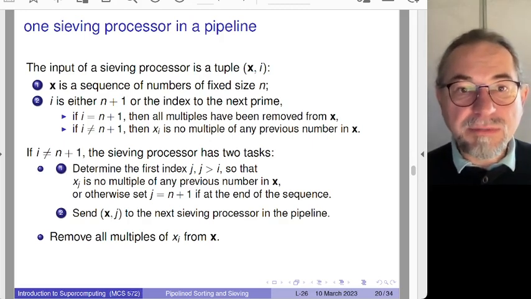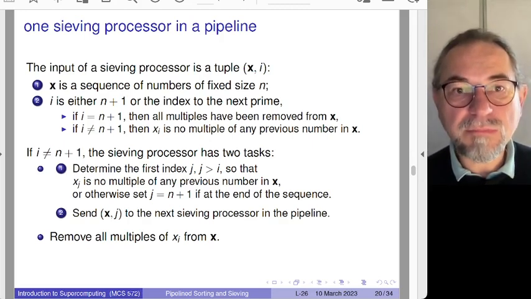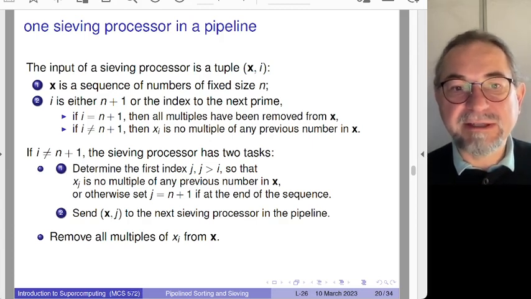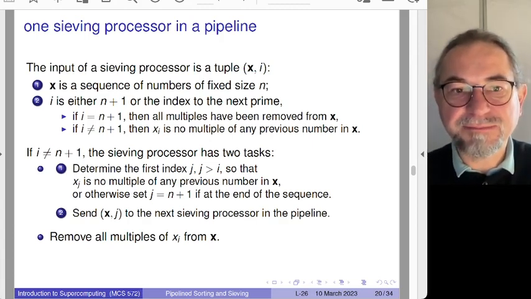Here is the algorithm. The input is now a tuple. Every processor receives a sequence of numbers of some size and also receives the index. When it is done, if it's the end of the line, then it can stop.